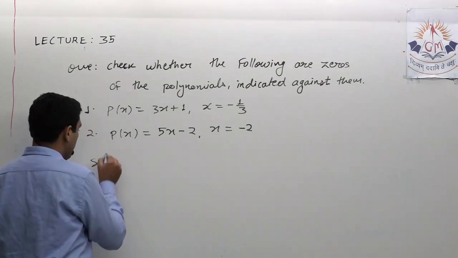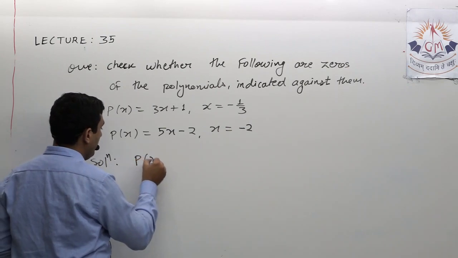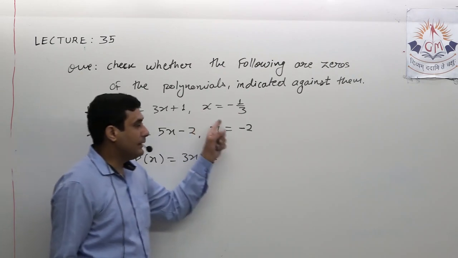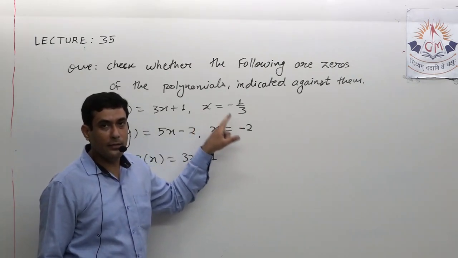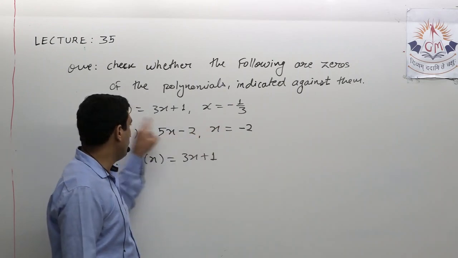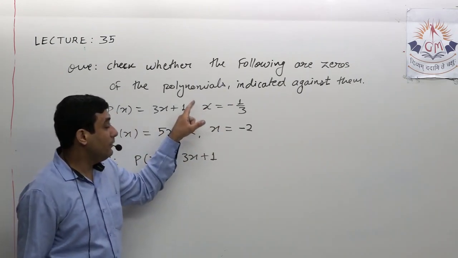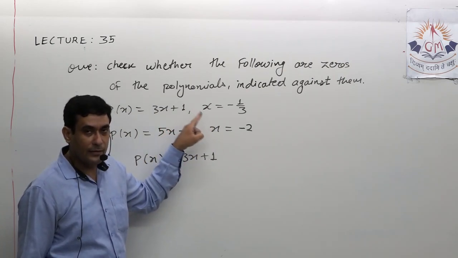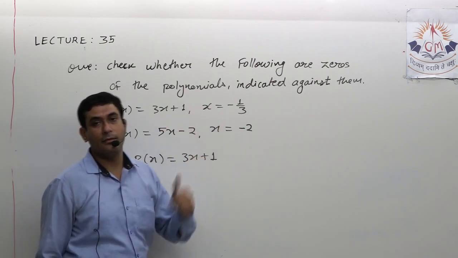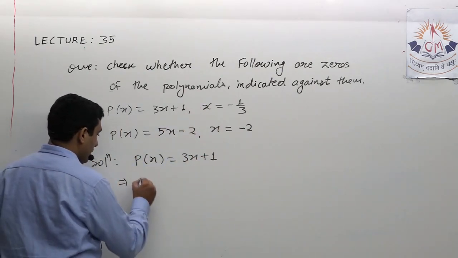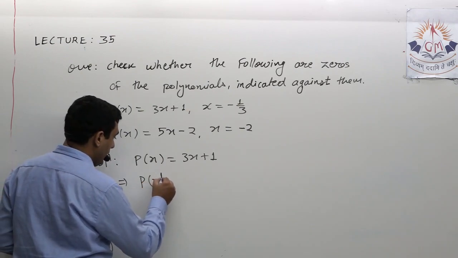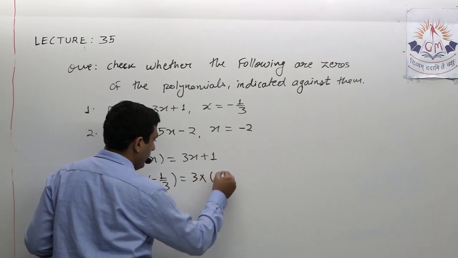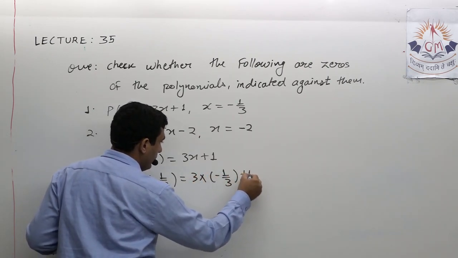So, first one, solution. We have p(x) is equal to 3x plus 1. We have to check whether x equal to minus 1 by 3 is a zero of the given polynomial or not. So, what we will do, we will find the value of the polynomial at this value, and if we get polynomial equal to 0, we will say yes, it is a zero. We know how to get the value of the polynomial. We have to replace the variable by the value. So, 3 into minus 1 by 3 plus 1.